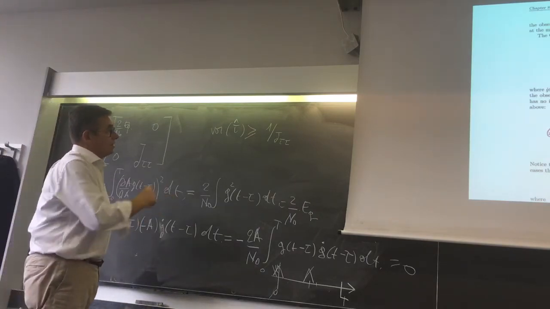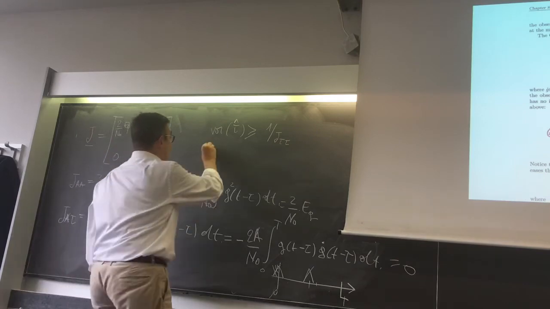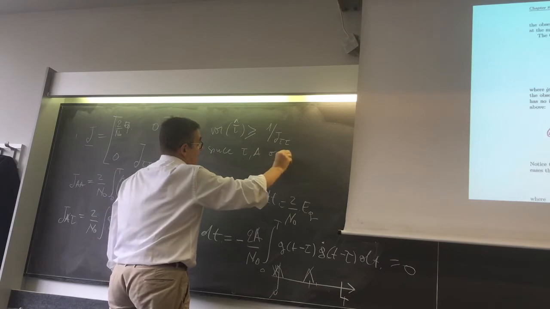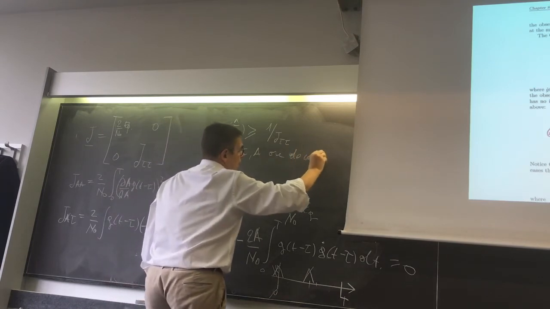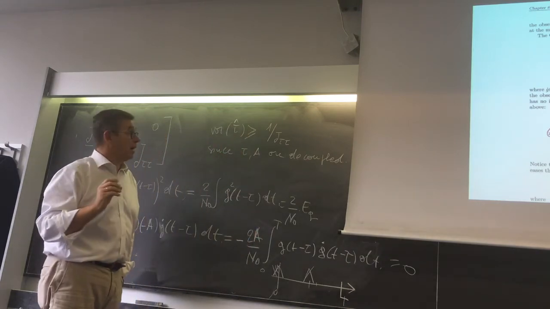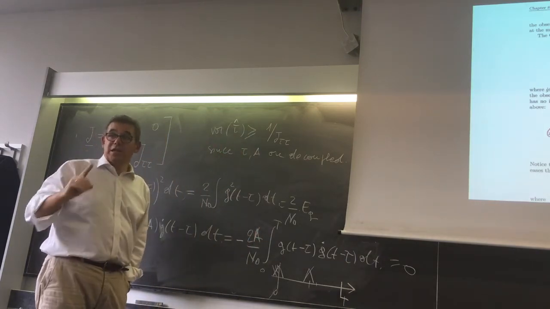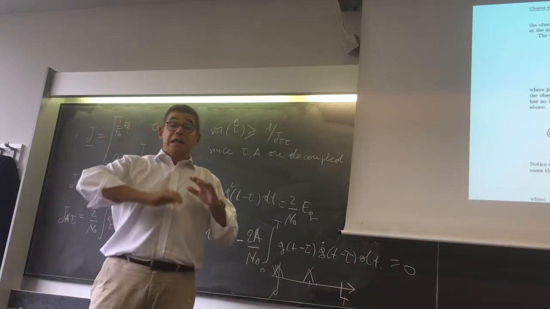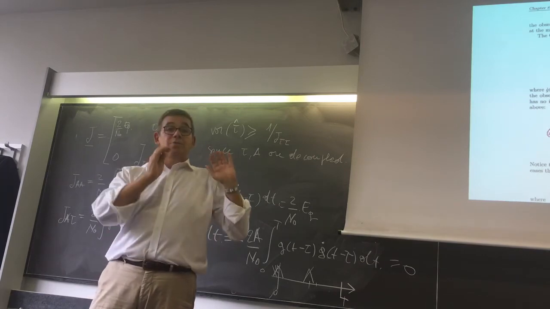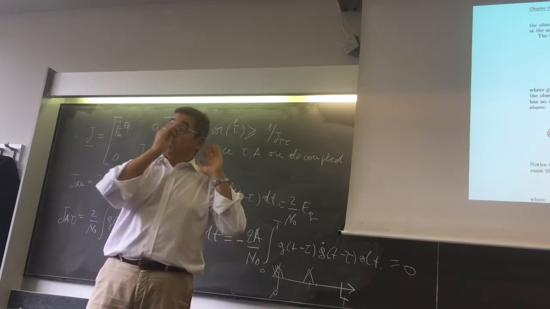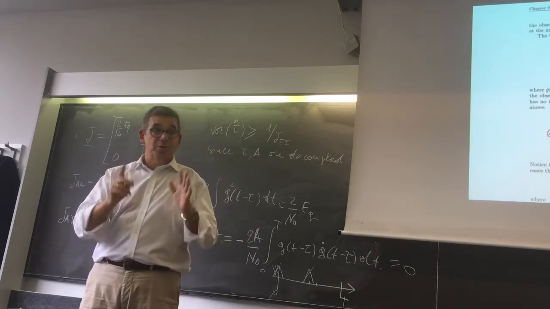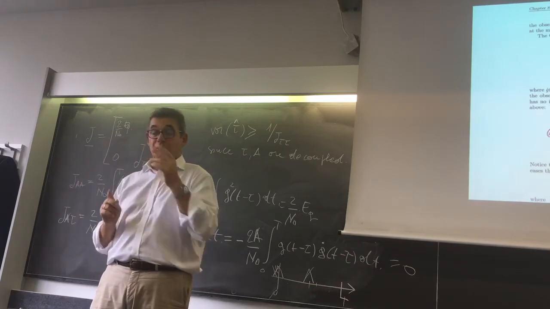Since tau and A are decoupled, even if the method, the maximum likelihood method, to estimate the delay differs, if the amplitude is known, it is just the maximum of the cross correlation, and if the amplitude is not known, it is the maximum of the square of the cross correlation.